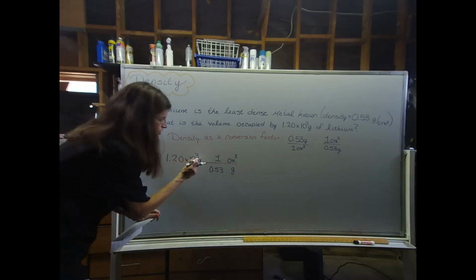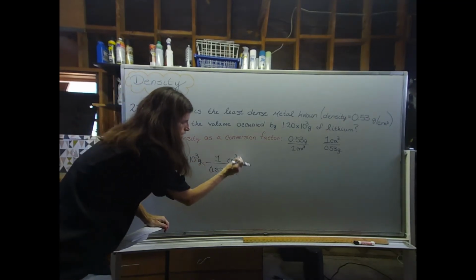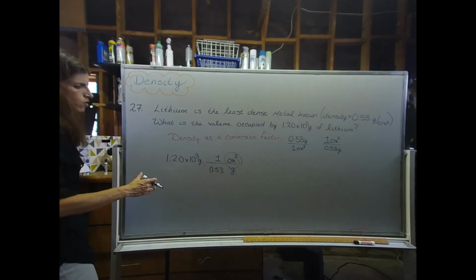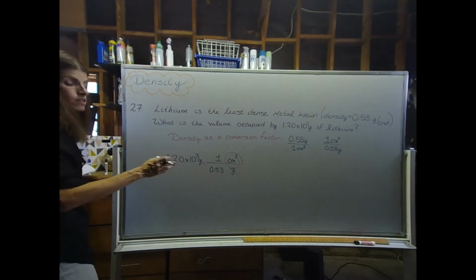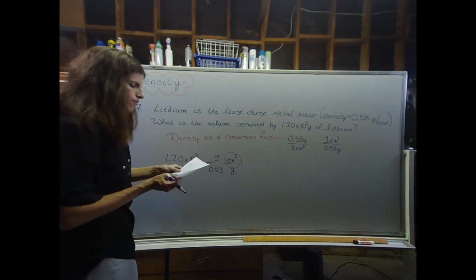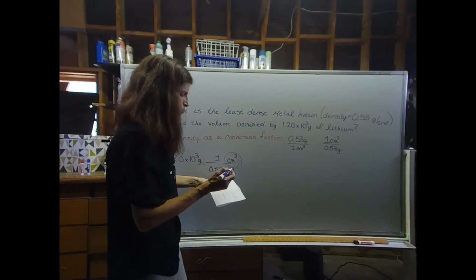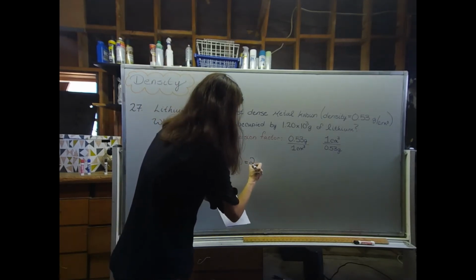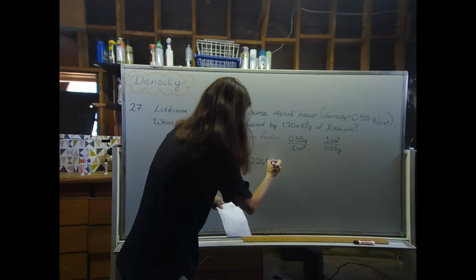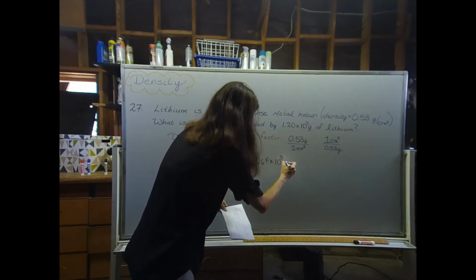We're going to see that the grams cancel, and we're left with units of volume. So in your calculator, 12,000 divided by 0.53, and then that gives us a value of 2.264 times 10 to the third centimeters cubed.